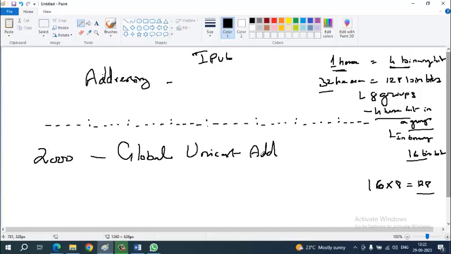There is no 3000, 4000. As of now, we see 2000, 2001, 2002, 2003. That's how the organizations who are in control of this address have started giving to the entire world. According to the region, they give some reservation, a number like 2003 for a region, 2002 for another region.